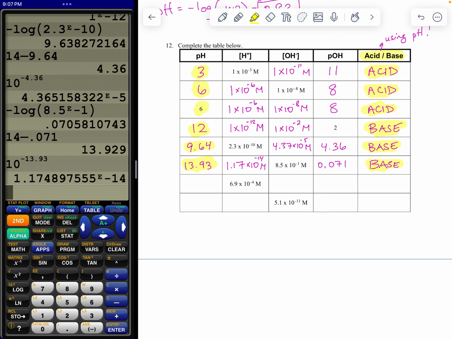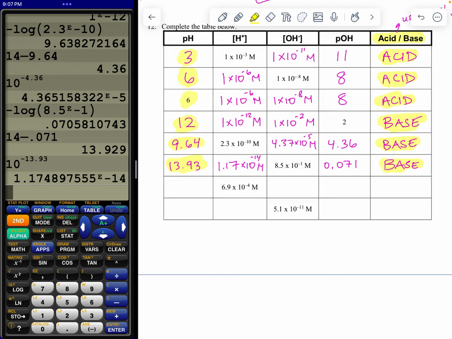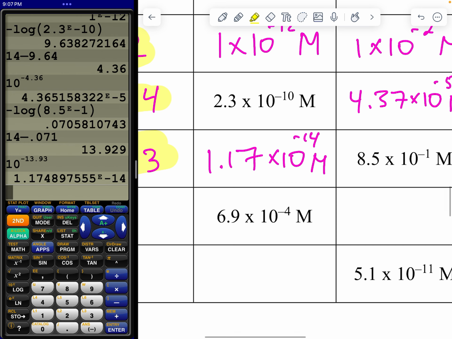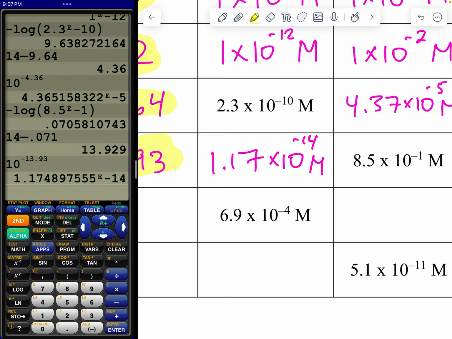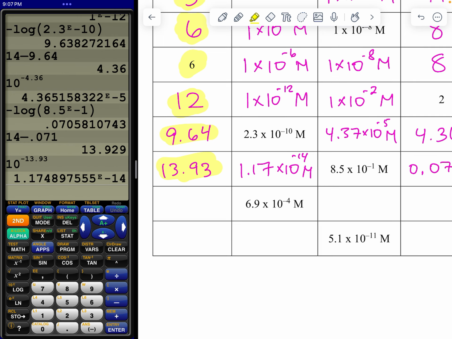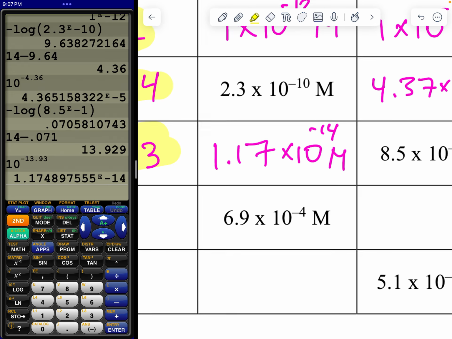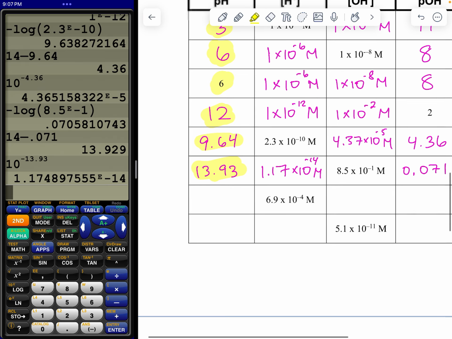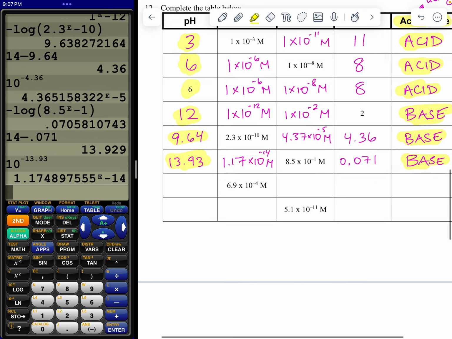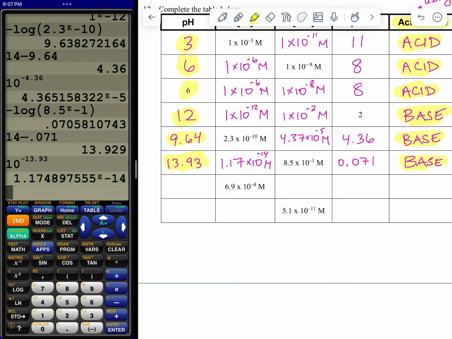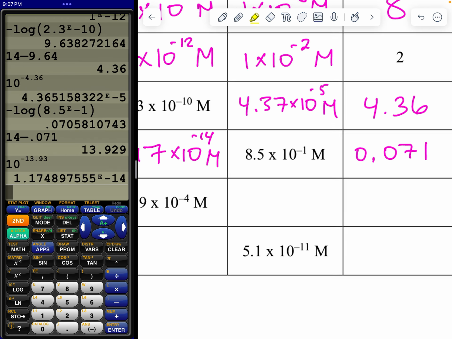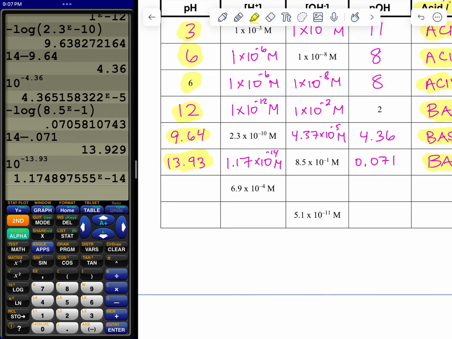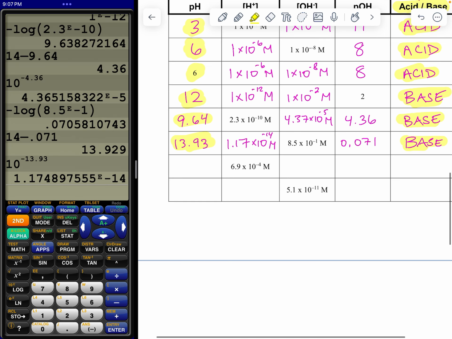All right, and again, just thinking about this, 10 to the negative 14th is a super small number, which tells you that there are not a lot of these hydrogen ions in there, which means that this is just going to naturally be much more basic because there are significantly more OH ions that are a part of this solution.